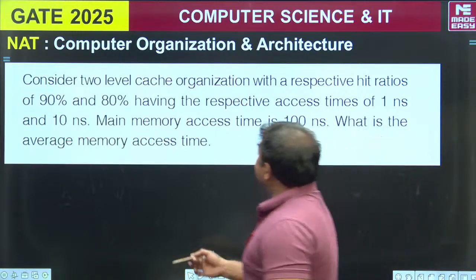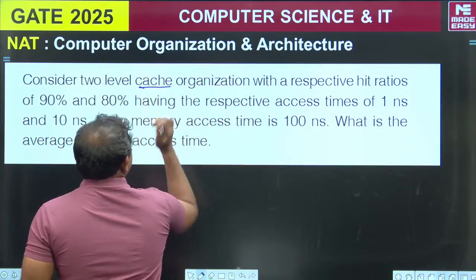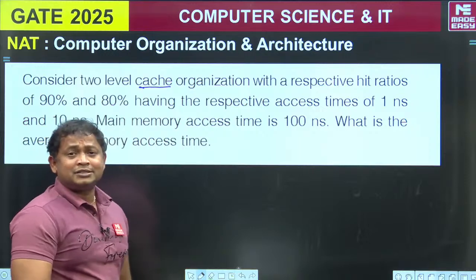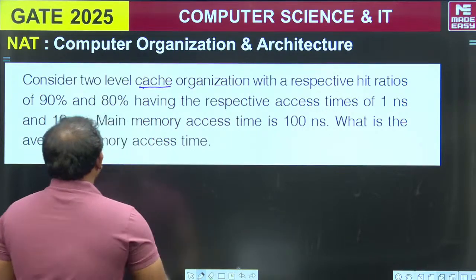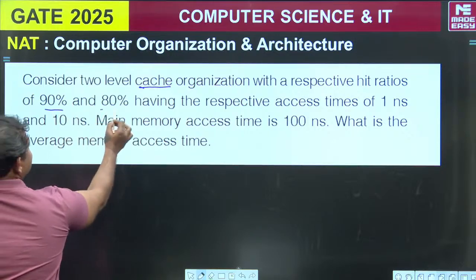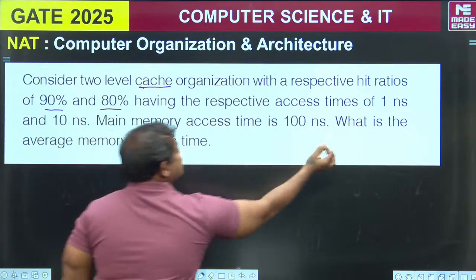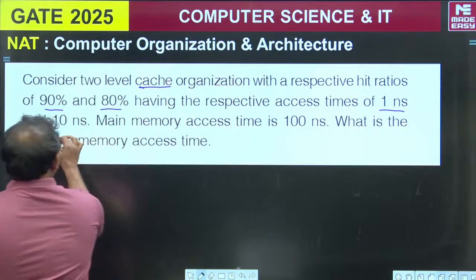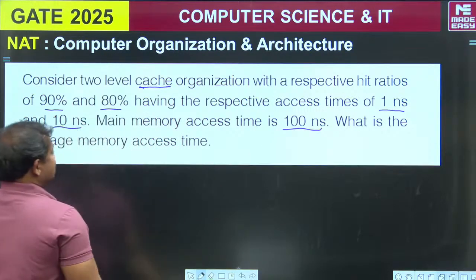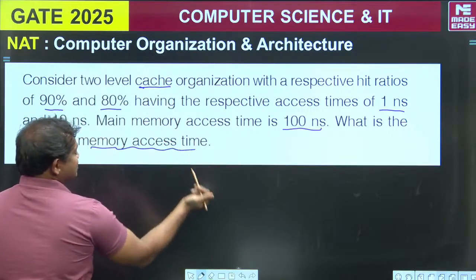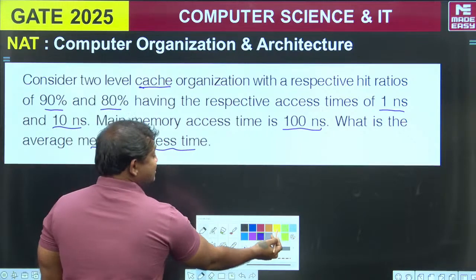So in the question, a two level cache organization is given. You know that whenever cache is given, we use the memory hierarchical formula. Hit ratios 90% and 80% are given, and access times 1 nanosecond and 10 nanoseconds are given respectively. Main memory access time 100 nanoseconds is given. We need to find the average memory access time.